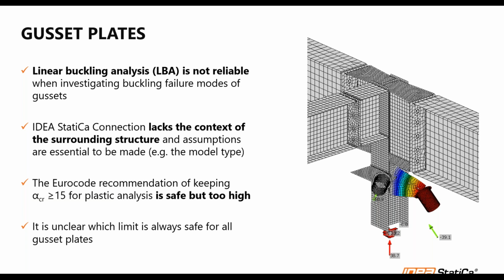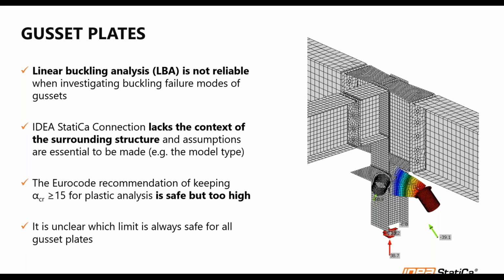The thing is that its results cannot be applied on this specific family of connection. The problem is that in IDEA StatiCa Connection, we don't have the context of the surrounding structure. And this is the reason that we need to make assumptions. So, for example, we need to change the model type of the bracing to NVYZ.